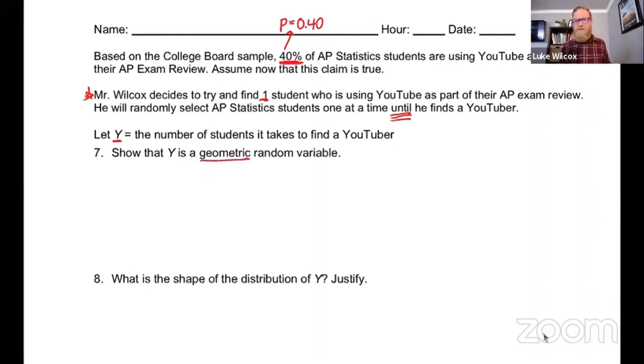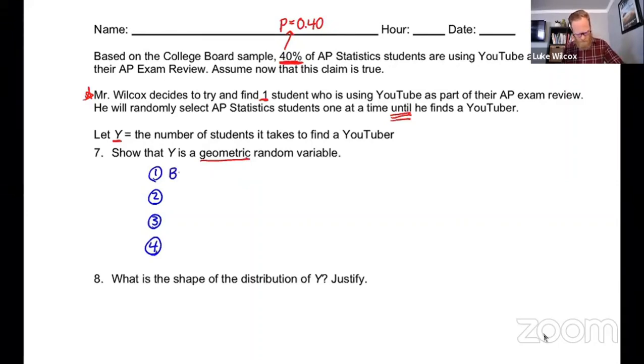And sure enough, to check that we have a geometric random variable, there are 4 conditions which look almost the same as the 4 conditions for a binomial random variable. So let's list them out here. 4 conditions. And 3 out of the 4 are exactly the same as they are for a binomial distribution.